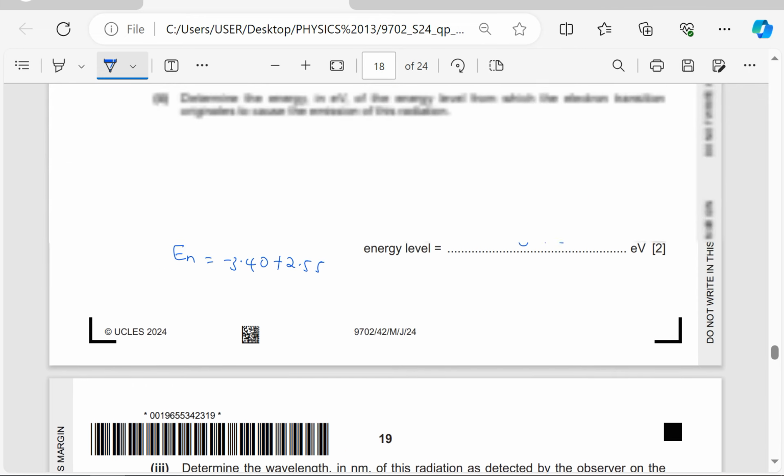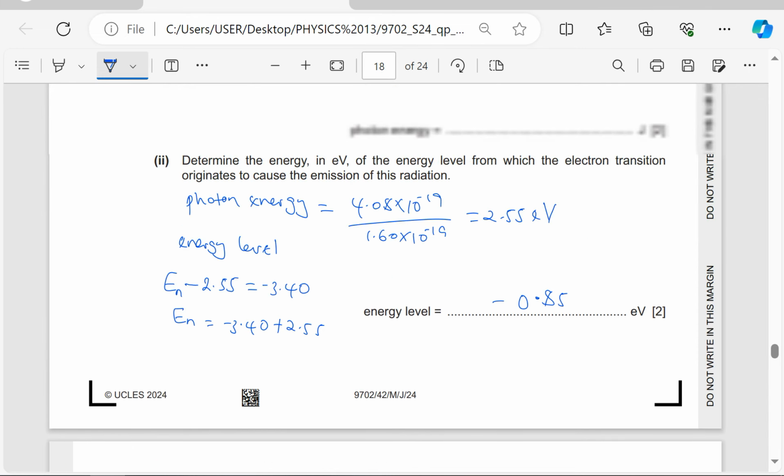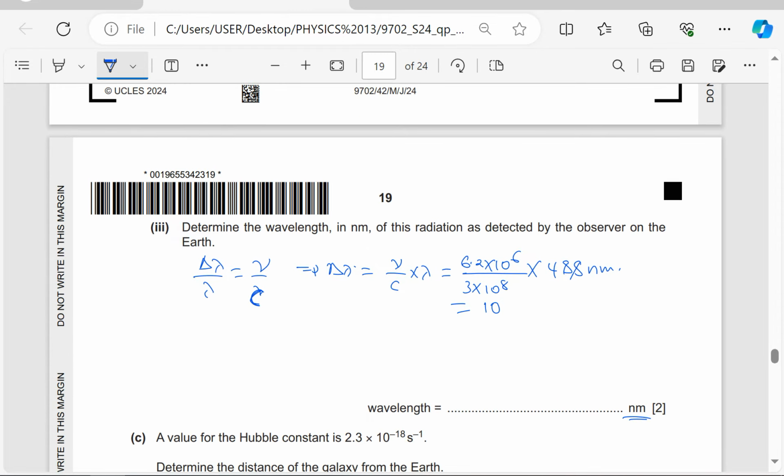Let me check the number of significant figures here. Okay, I can take 10.1 nanometers, that is 3 significant figures. Then the observed wavelength now.